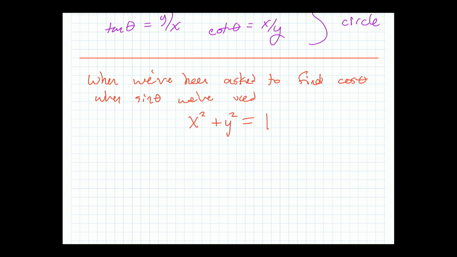However, what you can do is you can say, well, if you're on the unit circle, isn't the cosine the x value and the sine the y value? Right? Sine theta is y and cosine theta is x. That's only on the unit circle. But, let's just say we are.